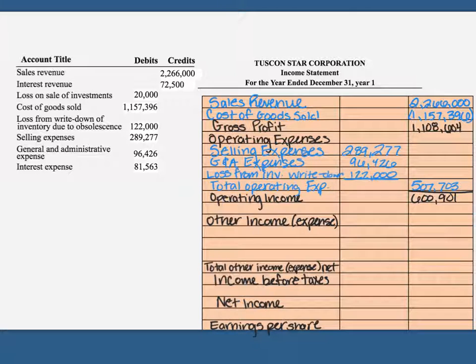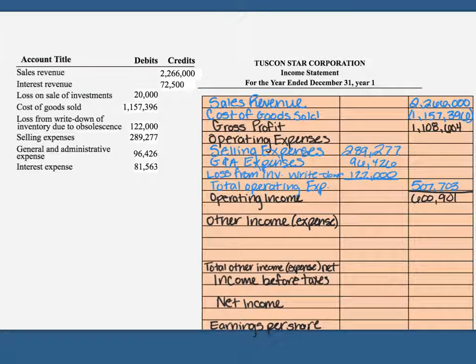Now we're going to move into the non-operating section of our income statement. Non-operating things could be interest or dividend revenue, and some of the expenses we have here, for example interest expense or loss on sale of investments, are not necessarily tied to the day-to-day operations of the company, but are still expenses we of course need to record on the income statement. We'll start by recording some of the other income we have. First, we have interest revenue, $72,500.